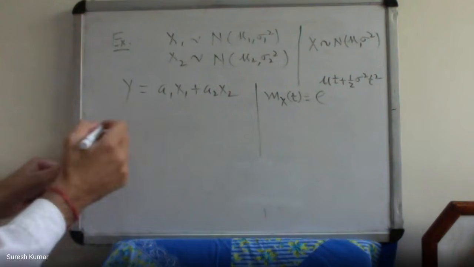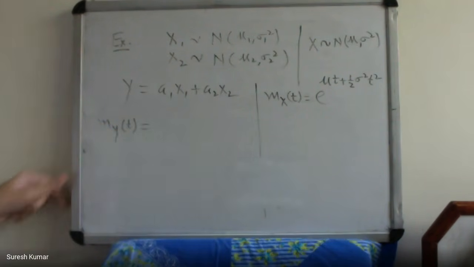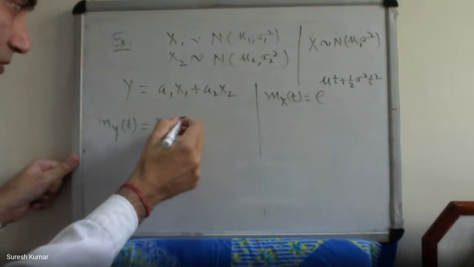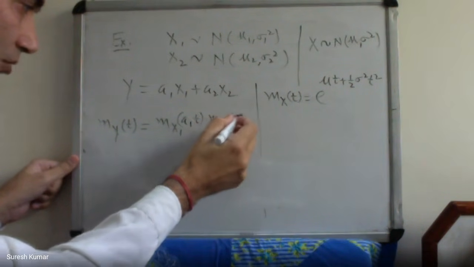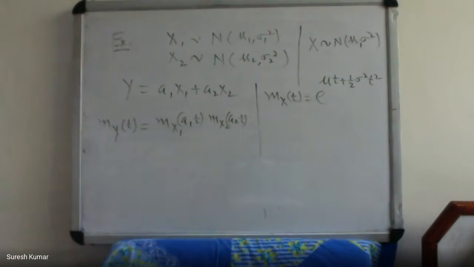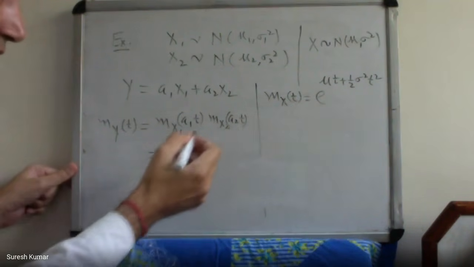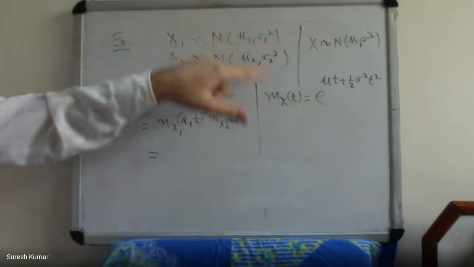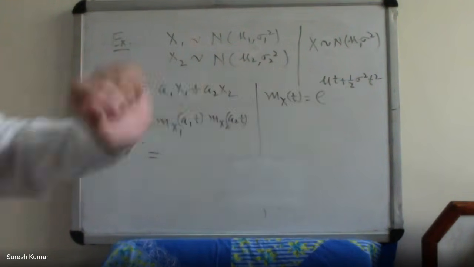Now let's see what the moment generating function of this linear combination Y is. It should be M_X1(a1 t) into M_X2(a2 t), from our previous result. Because X1 follows a normal distribution with mean mu1 and variance sigma1 square, M_X1(t) is e power mu1 t plus half sigma1 square t square.